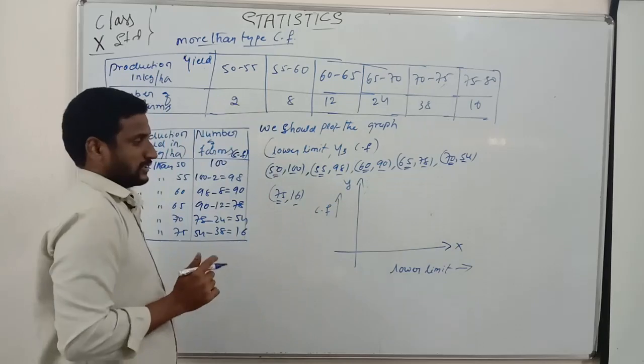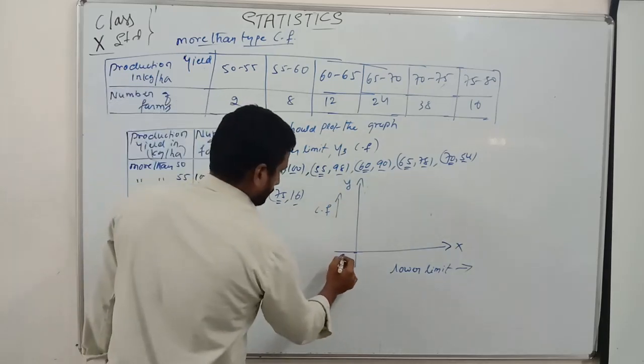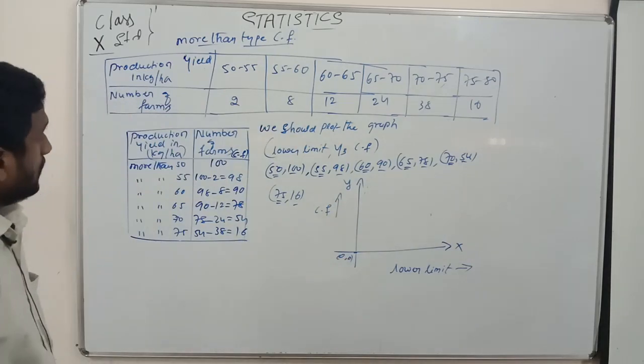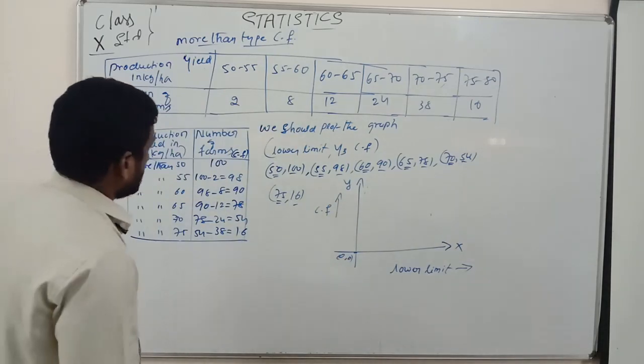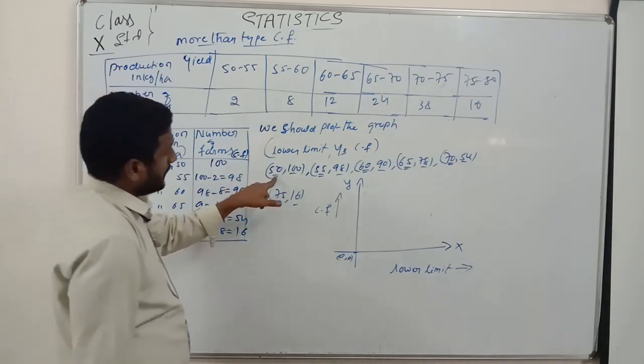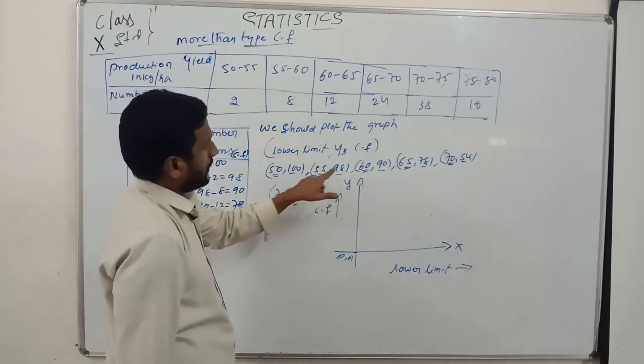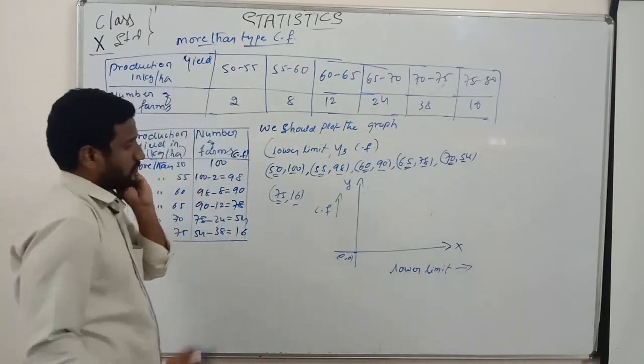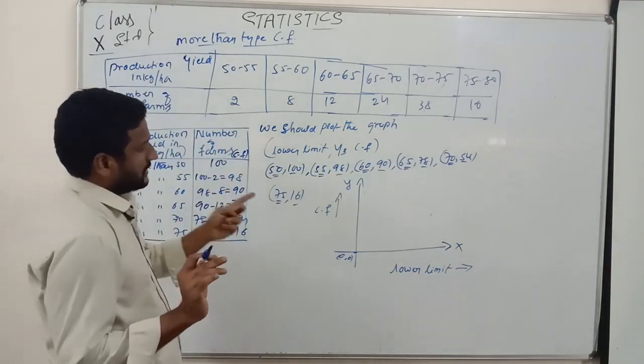Along the y-axis is the cumulative frequency. Now what lower limit values are there? Lower limits are 50, 55, 60, 65, 70, 75. The minimum is 50 and the maximum is 75.